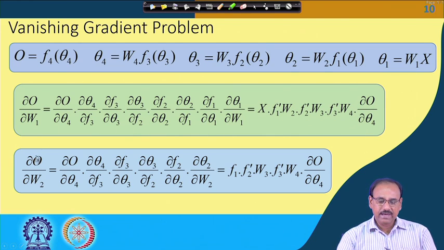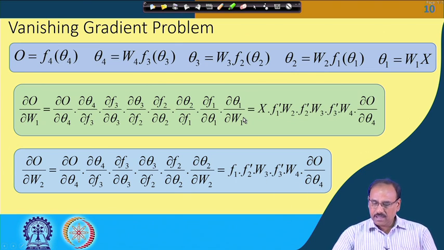Similarly, if I take del O del W2, that is the gradient of output with respect to W2, which will be useful when you try to update the weight W2, you see over here this is the product of F1, F2 dash, W3, F3 dash, W4 into del O del theta 4.